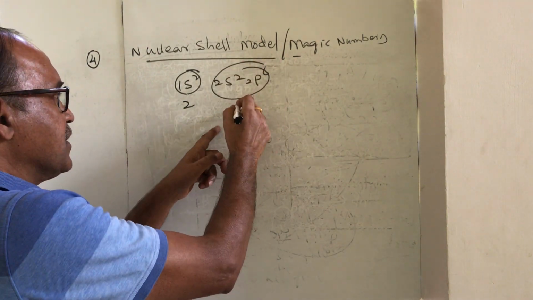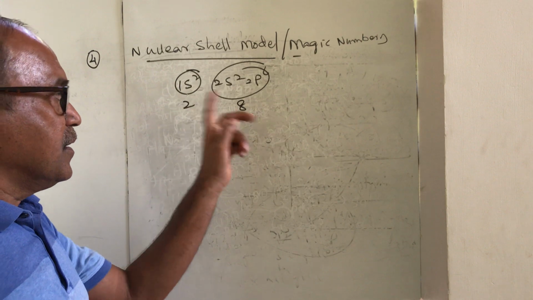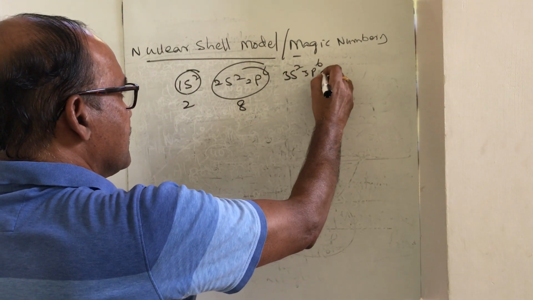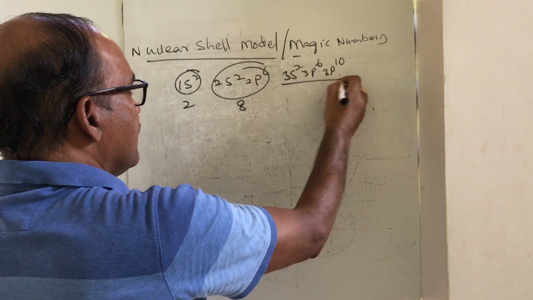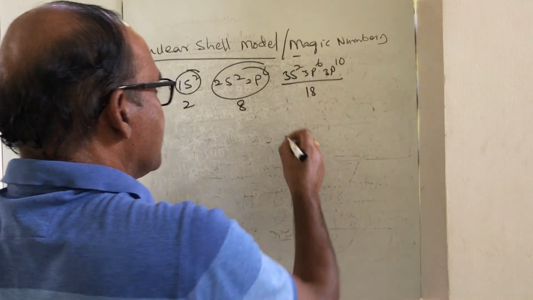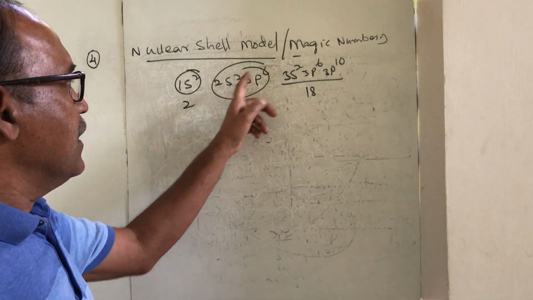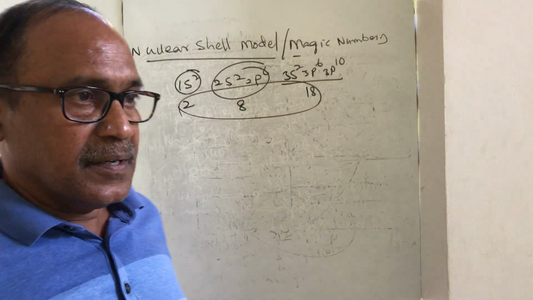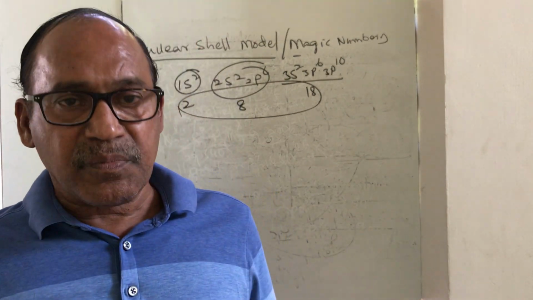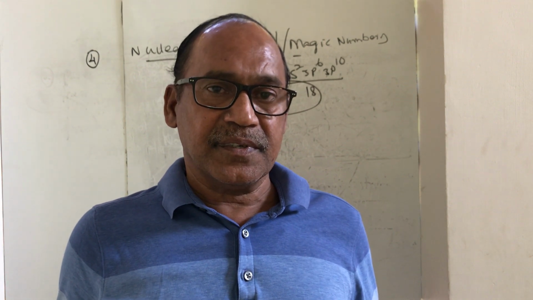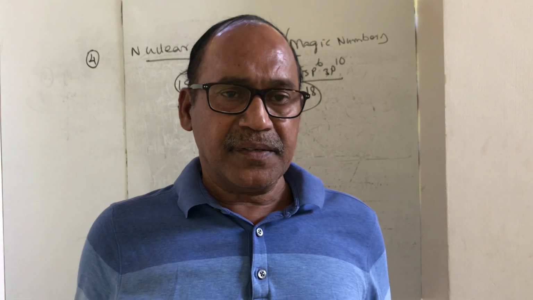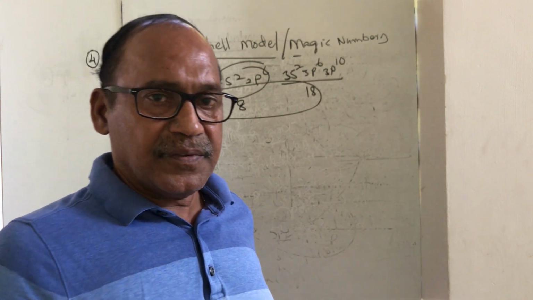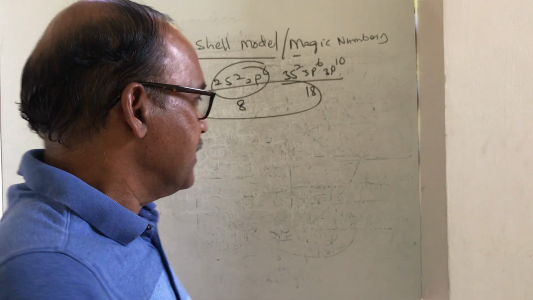The L shell maximum capacity is 8 electrons. And 3s2, 3p6, 3d10, 18 with respect to the M shell. And these set up the magic numbers with respect to the electrons to explain the relative stability of the atoms. Similarly, the same type of magic numbers result within the nucleus to explain the stability.